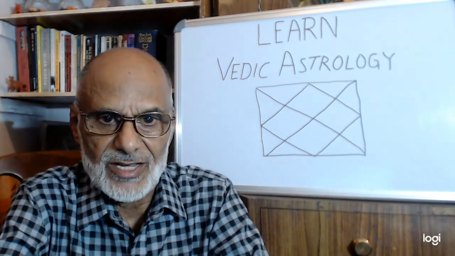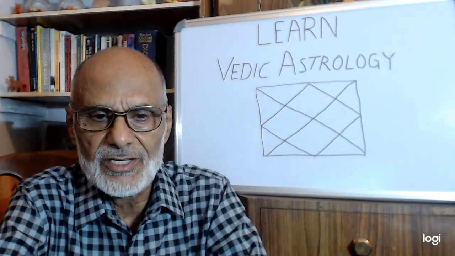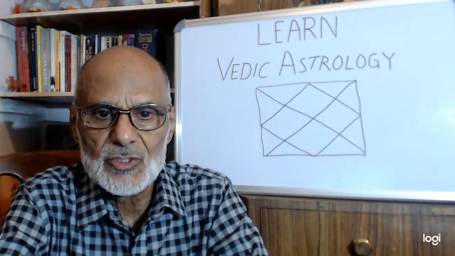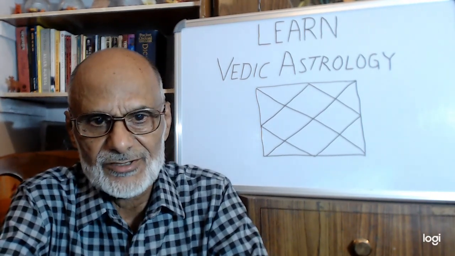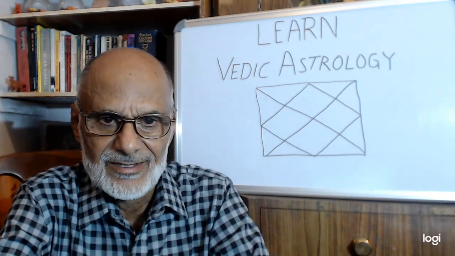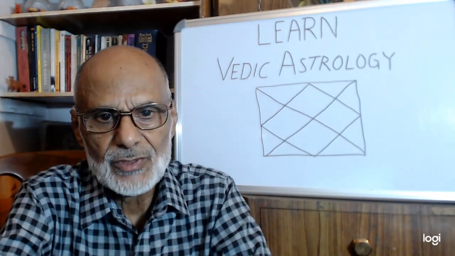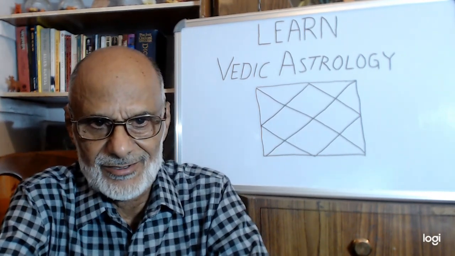Now our great ancient wise rishis who gave us this science of astrology, although they didn't have any sophisticated instruments, were spiritually evolved persons, so they had spiritual powers through which intuitively they knew all these things.